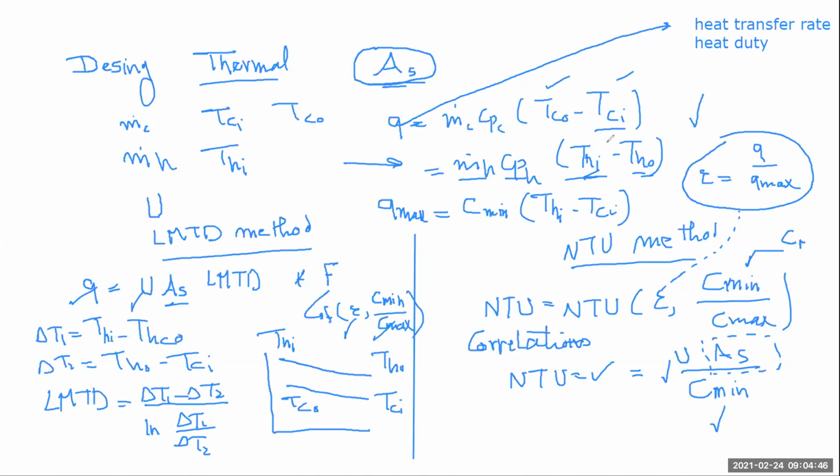What about silver? Silver has a thermal conductivity much higher than copper. Why don't we make our heat exchangers out of silver? Very expensive. Exactly, that's the point. Although it may perform better, what will control us here is the economics, how much we are going to pay to get our job done.